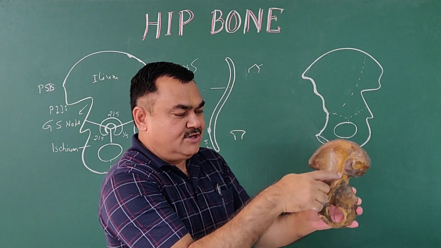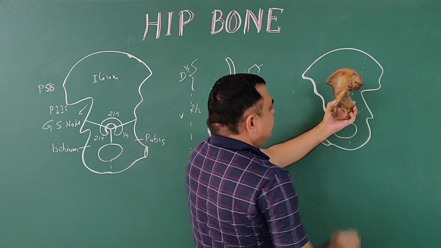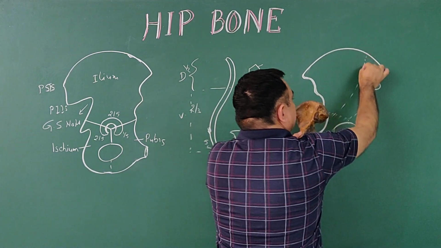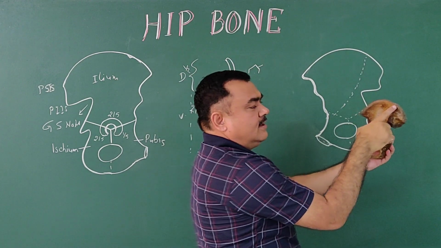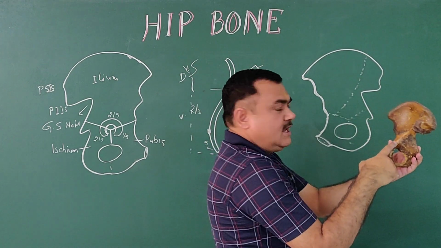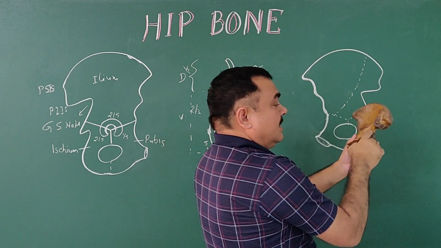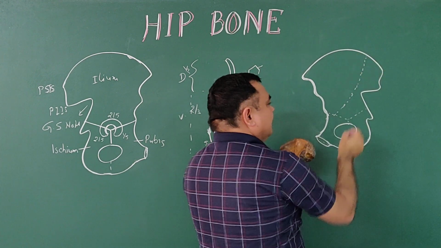You can see this border is the medial border. From the inner aspect, this is the medial border, from the iliac crest to the iliopubic eminence. So anterior, posterior, and medial border.